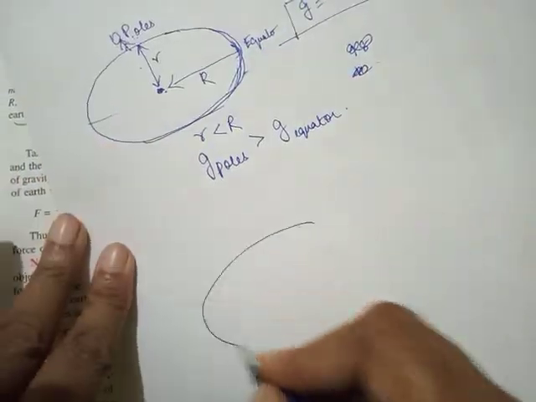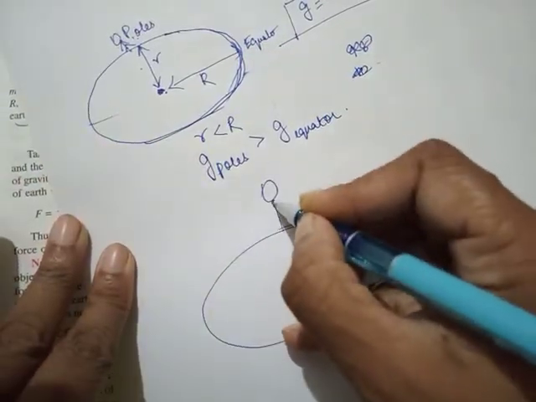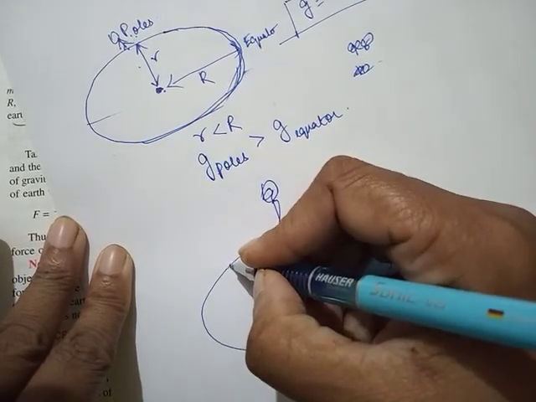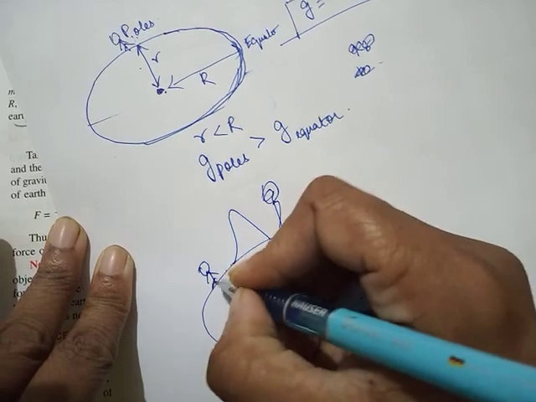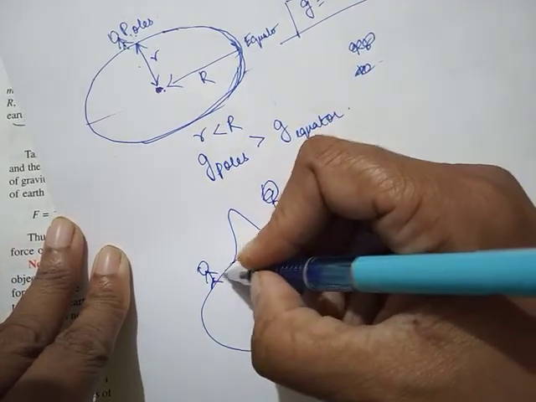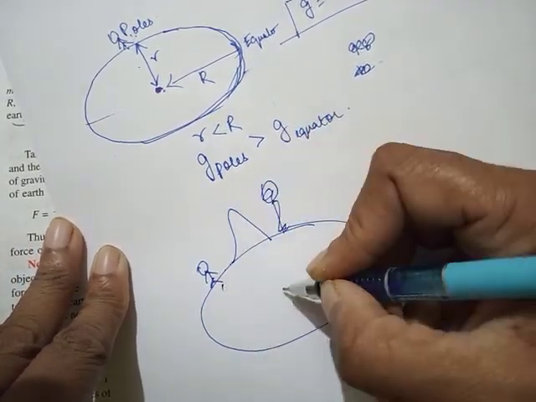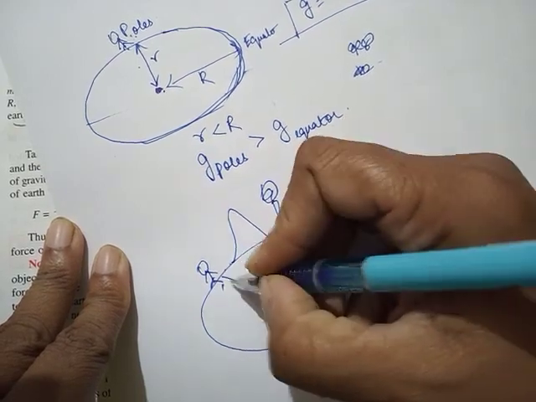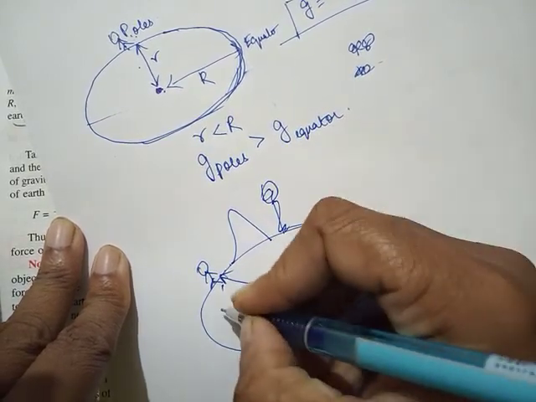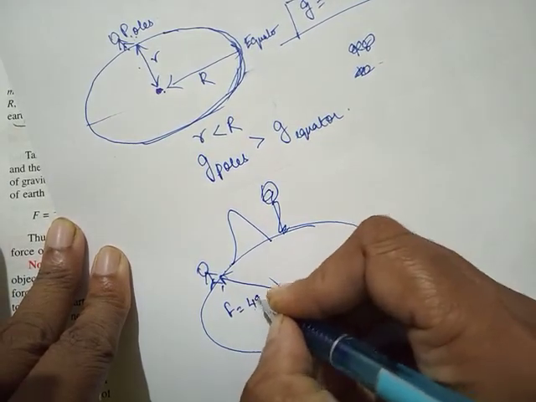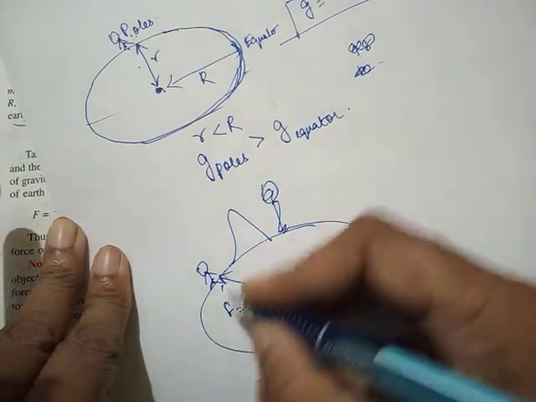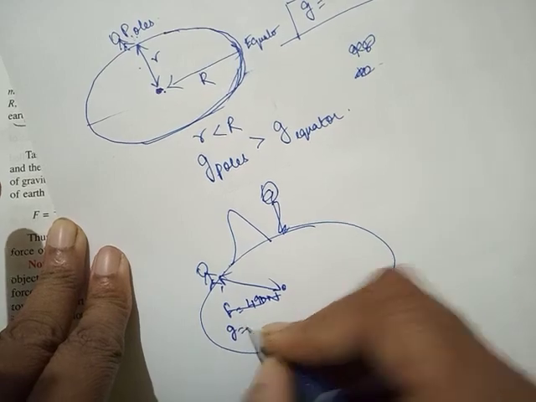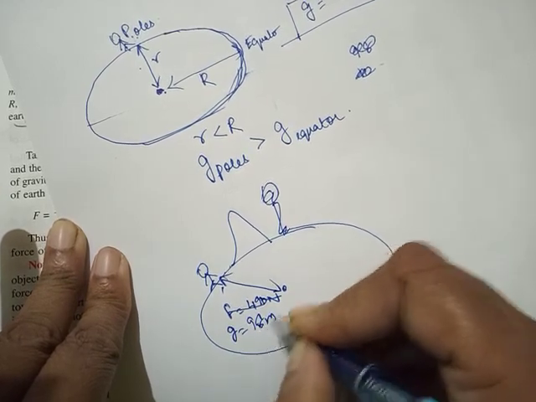Now this is the surface of Earth, and imagine there is a mountain. This Ramu is climbing up the mountain. When he was on the surface of Earth, the force of attraction came out to be 490 Newton, or g comes out to be 9.8 meter per second square.